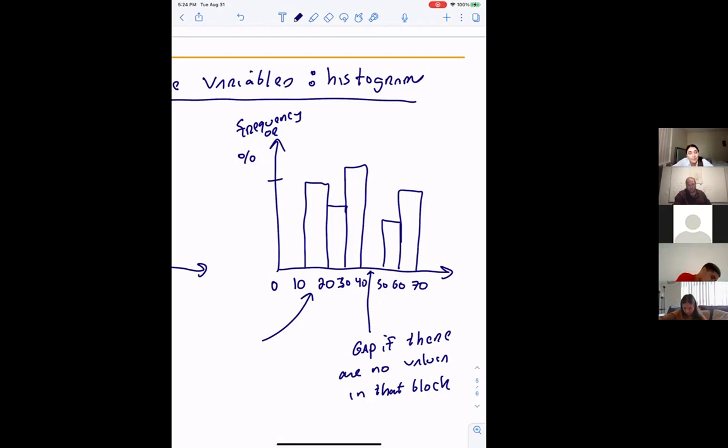Okay, so no one's right, which is great because that means everyone gets to learn. Those of you who said 11 to 20, where would 10.5 fall? And those of you who said 10 to 19, where would 19.5 fall?